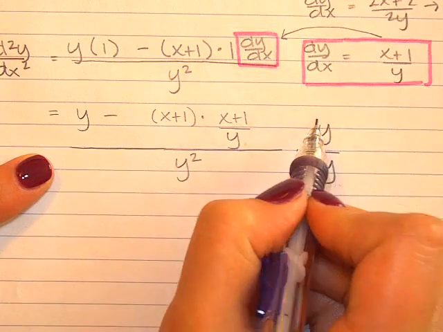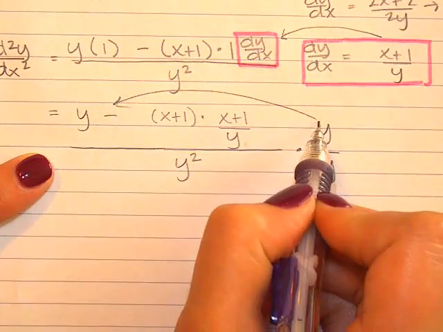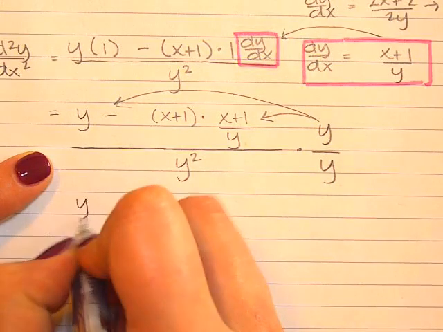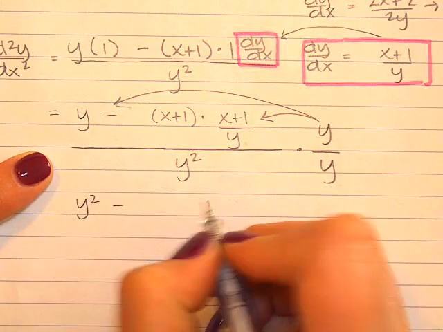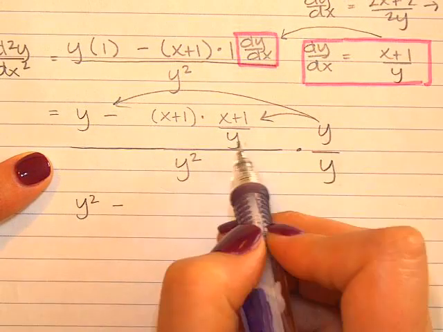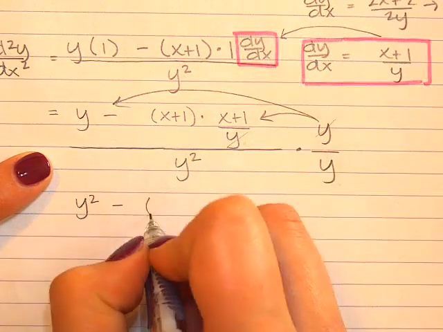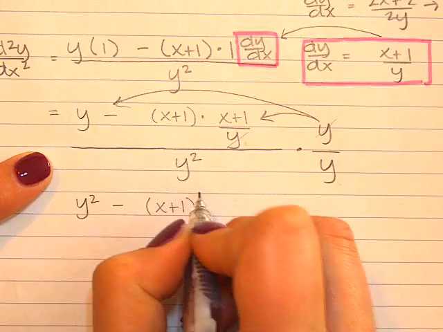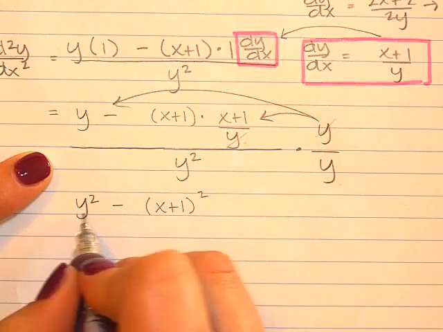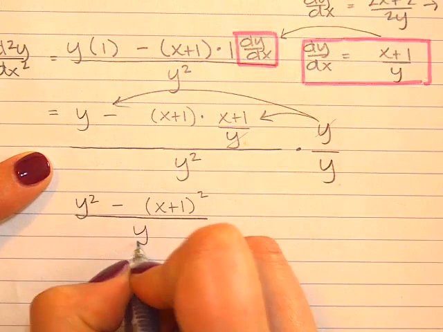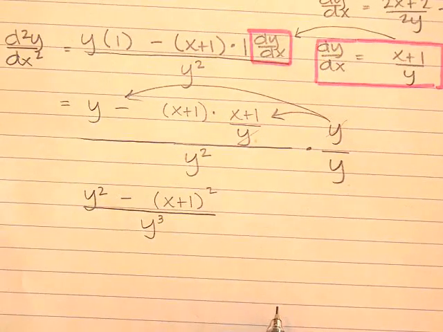If I distribute that to the first term and the second term, y times y is y squared. And then I've got minus, and then y times this piece right here, this y would cancel with that y, and I just have (x plus 1) squared. On the bottom, I have y multiplied by y squared, which is y cubed.